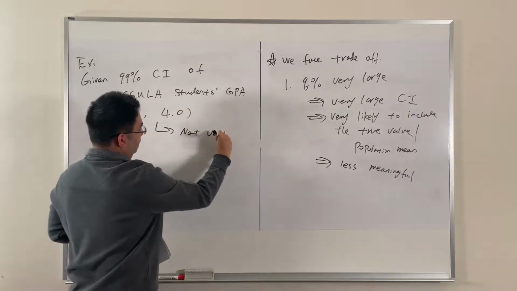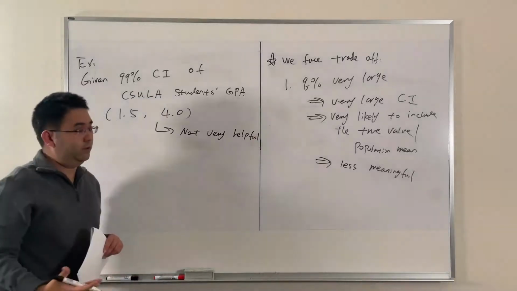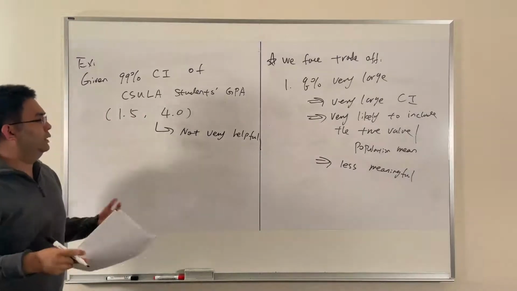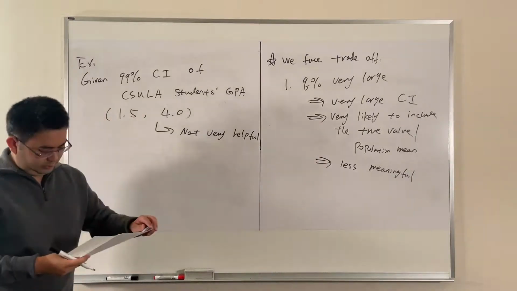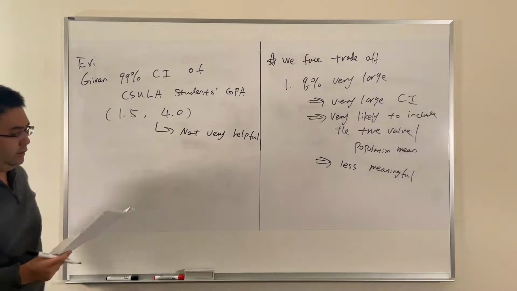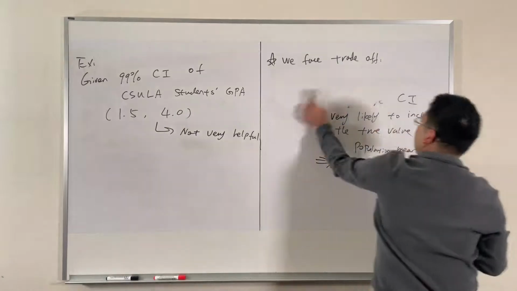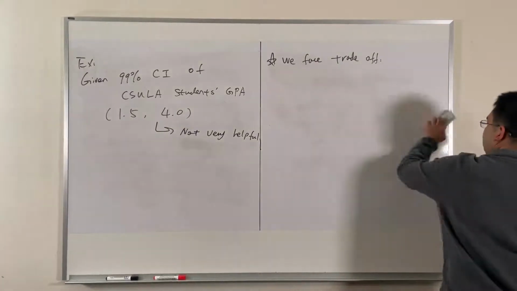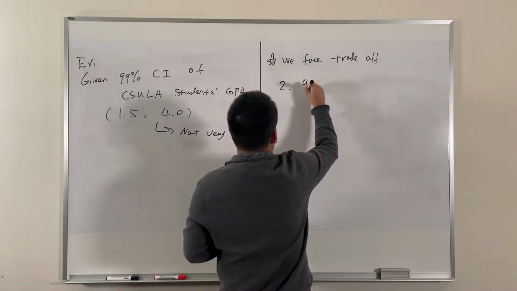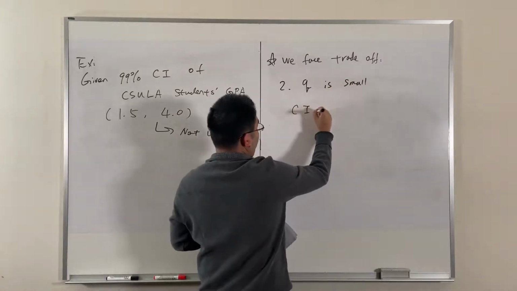Okay, so as you can see, we are facing the trade-off here, right? We're certain that the true value is in here, but the range is too wide, so it's not very helpful or useful for us to have this range. Okay, let me complete this by telling you the opposite is also true. So if your Q is small, the confidence interval will also be small, right?